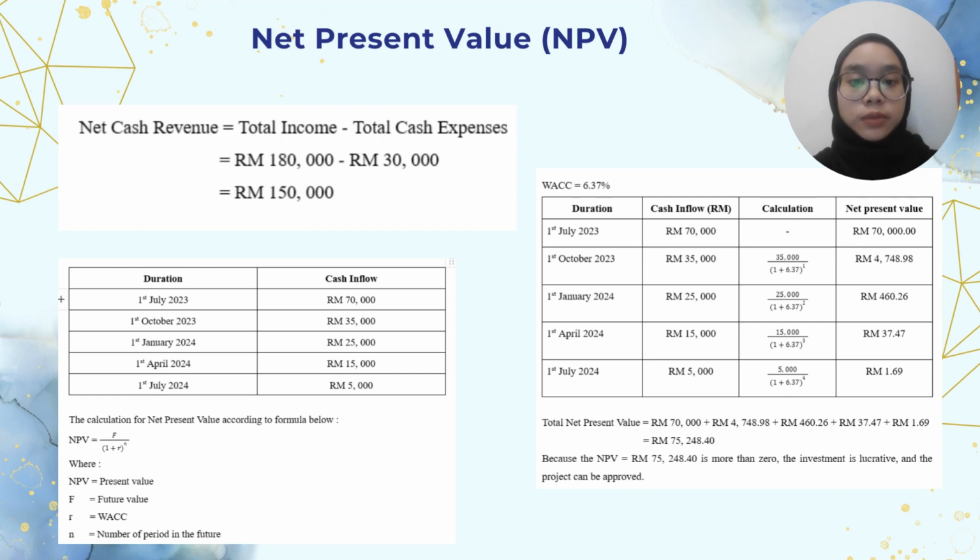And we get the total net present value is 75,248.40. Because the NPV equals 75,248.40 is more than zero, the investment is lucrative and the project can be approved.